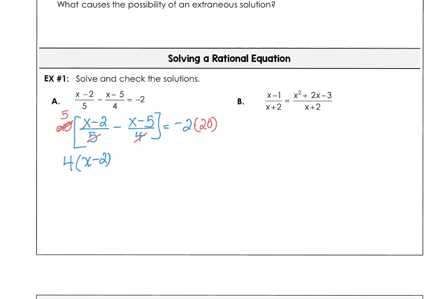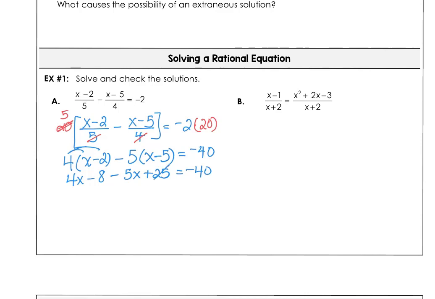So our second term is multiplying minus 5 times x minus 5, and then 20 times negative 2 is negative 40.